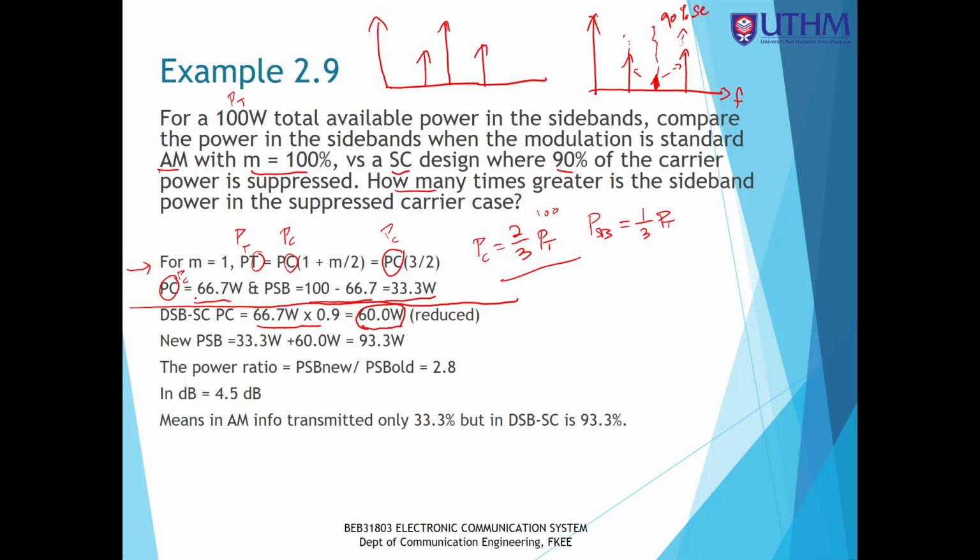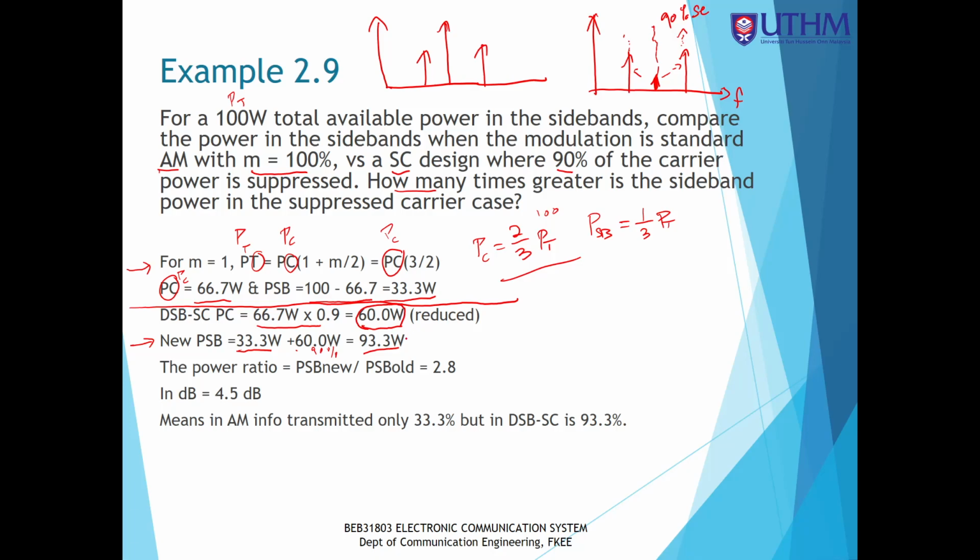So the sideband power in the suppressed carrier case, initially is 33.3 in the full carrier. Now we need to add the 90%. So the sideband power in the suppressed carrier case is equal to 33.3 plus 90% from the suppression, so it becomes 93.3 watt.